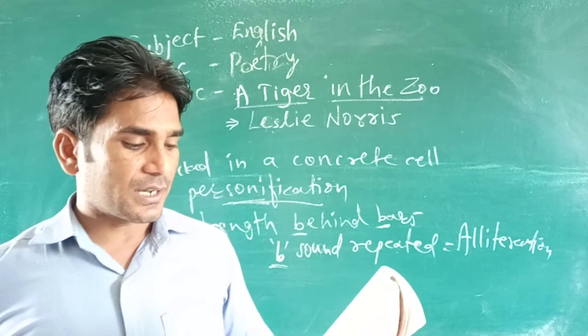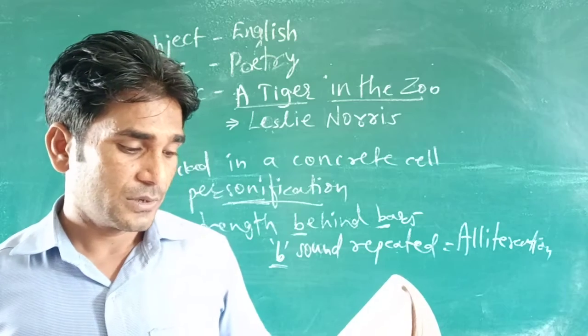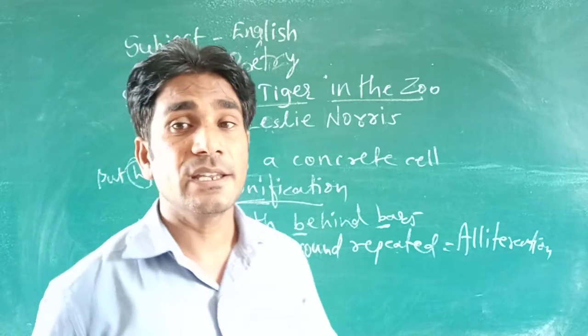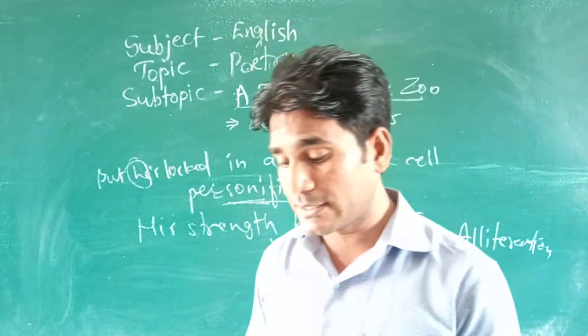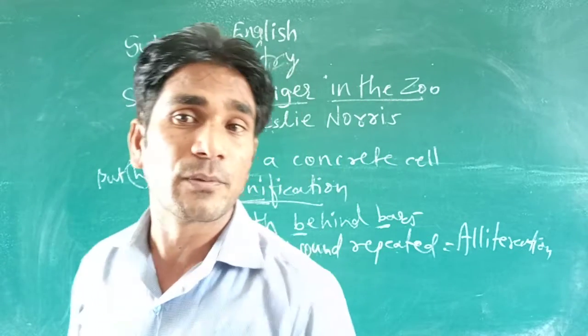Then again, stalking the length of his cage, ignoring visitors. Okay, again imagery is there. Imagery, why? Because while reading this, a picture is created before our eyes.